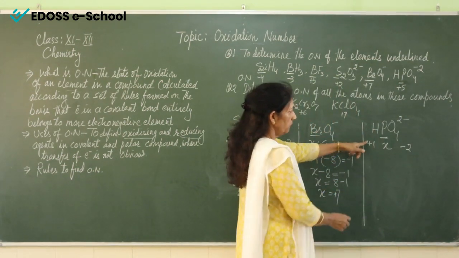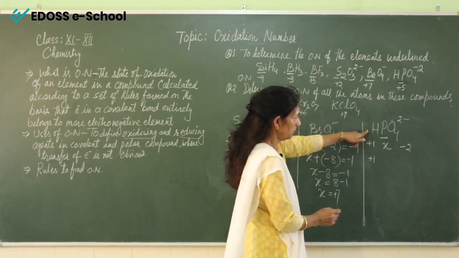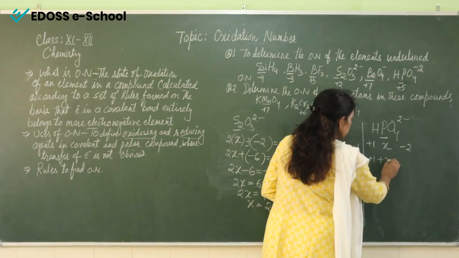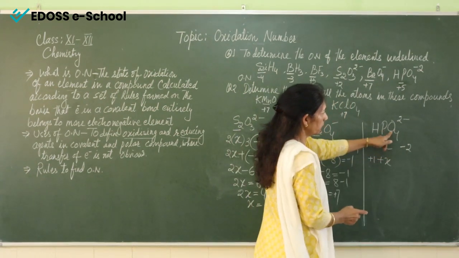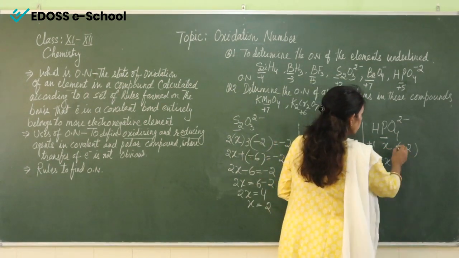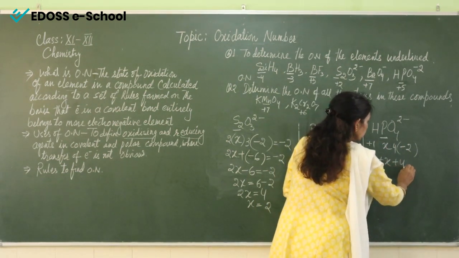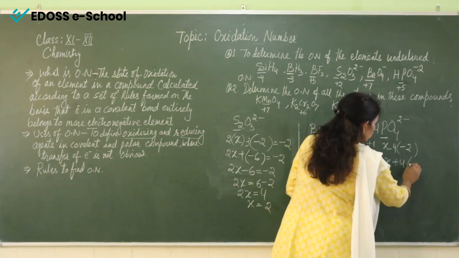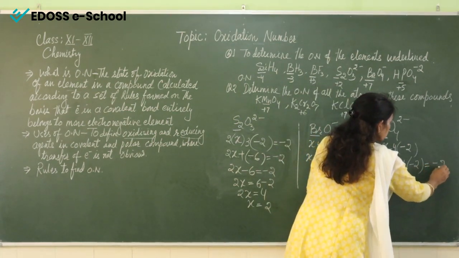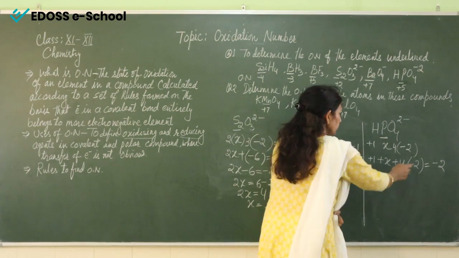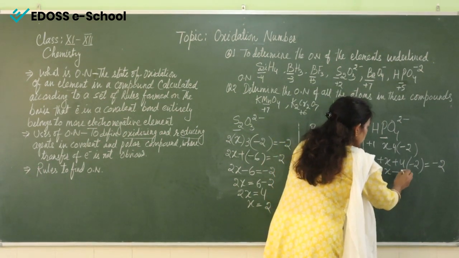Now we will add it. So +1 is for hydrogen, plus X is for phosphorus, and -2 is for oxygen. So total oxygen is 4, 4 atoms of oxygen. So this will be 4 times -2, and this should be equal to -2. So this is +1 plus X minus 8.